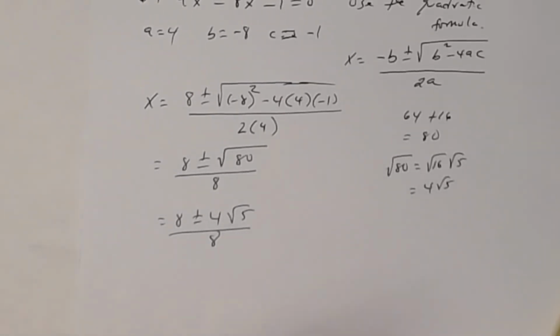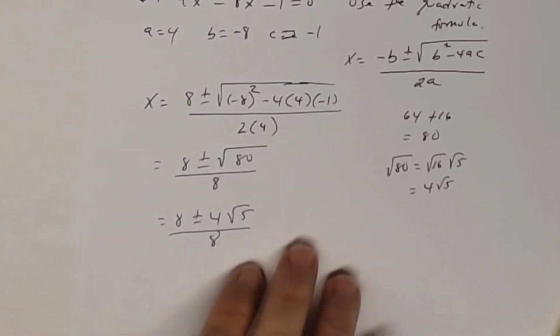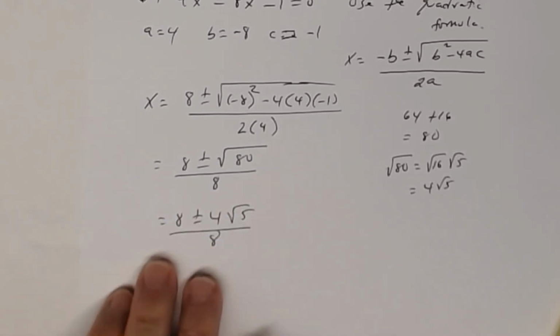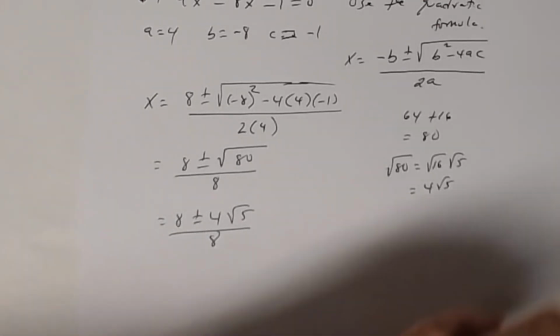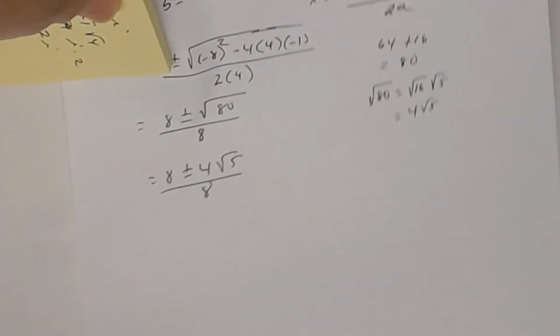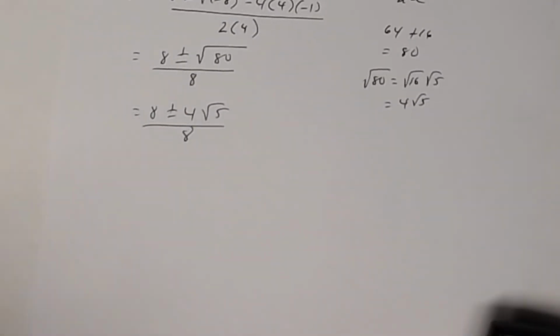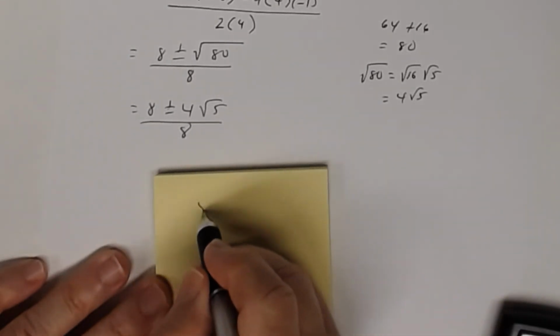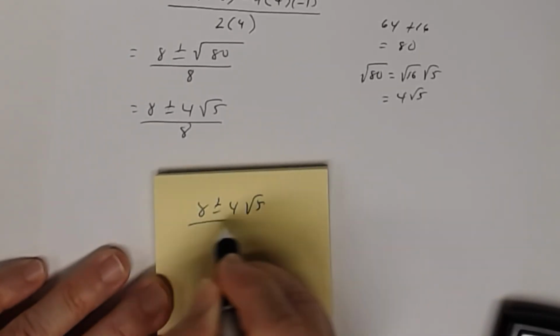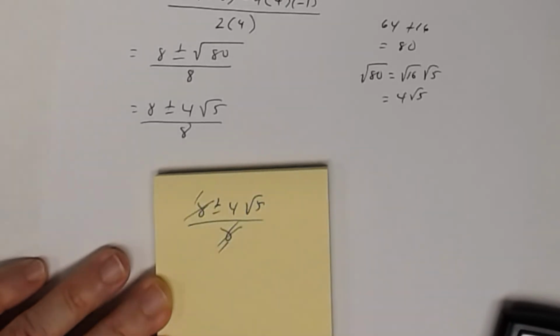All right, now we talked about many things in the videos and the lessons and in class. If this is face-to-face, we talked about many things. One thing we talked about is that some students, when they see those 8s, one in the numerator, one in the denominator, the first thing they want to do is reduce those 8s.